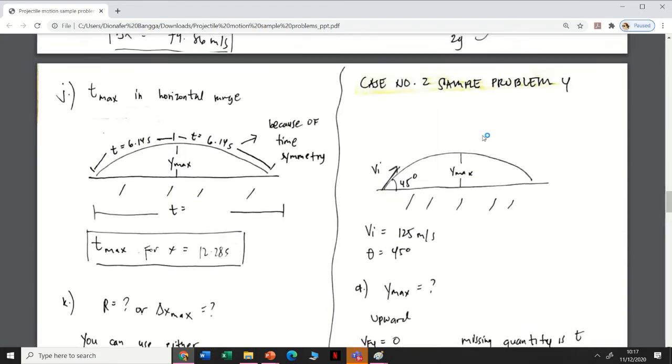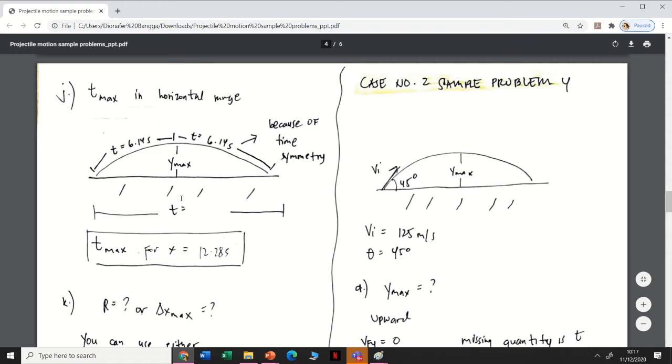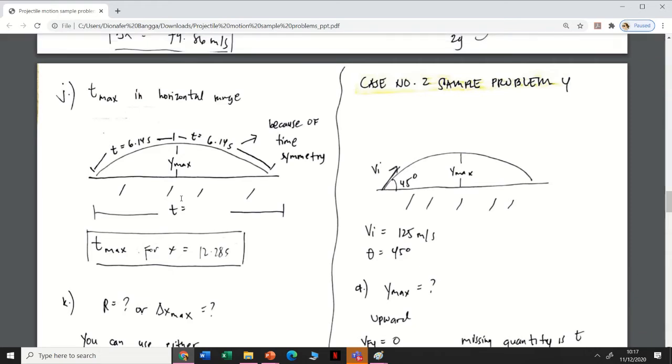Now, let's have letter J. For the question in letter J, we are asked to solve for the total time that the projectile is traveling in the air. You have two options to solve for this.